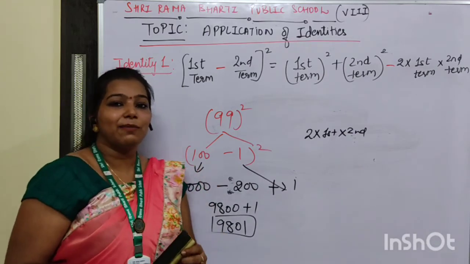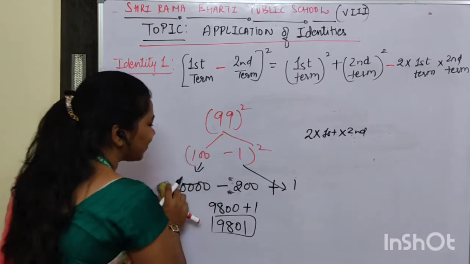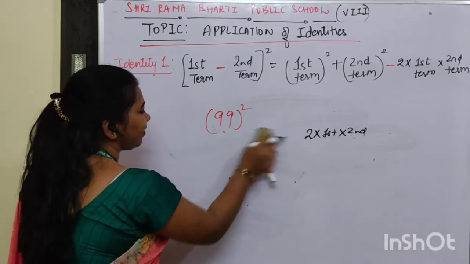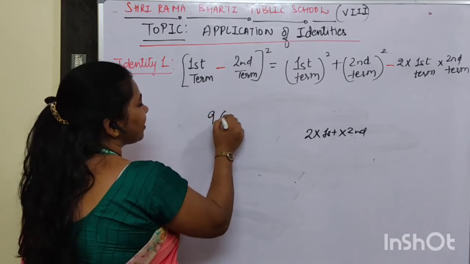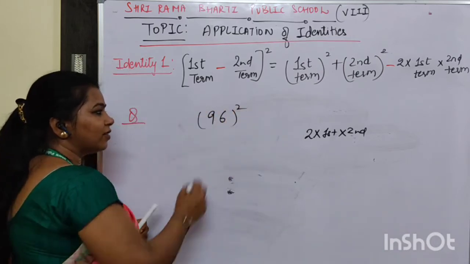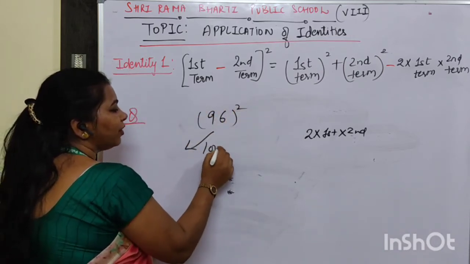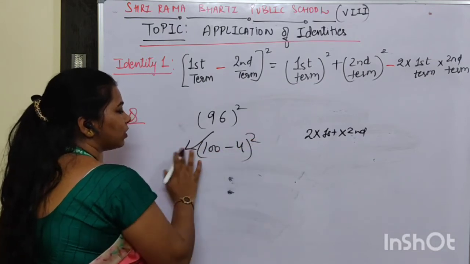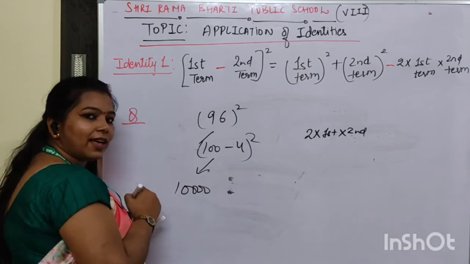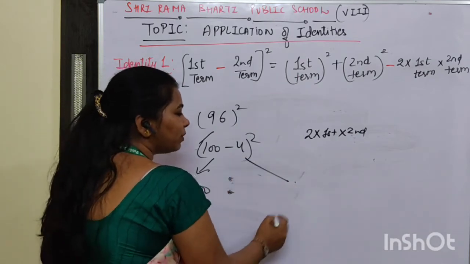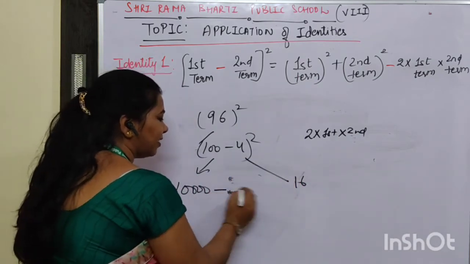Now the last example I'm going to show you with the same identity. Let's see if the number is 96 square. So now it would be 100 minus 4 whole square. Its square would be 10,000 and 4 square would be 16.